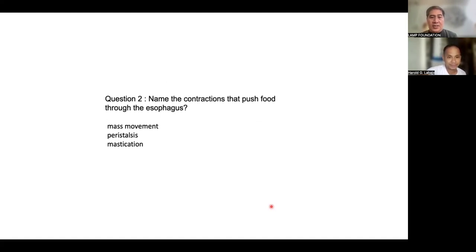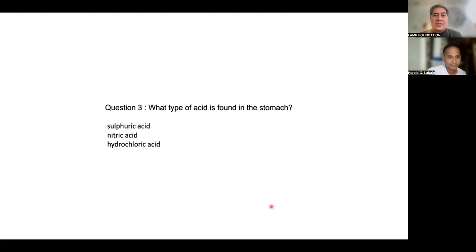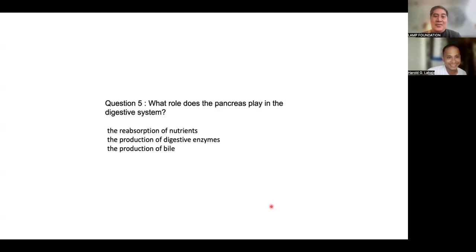Name the contractions that push food through the esophagus. Peristalsis. What type of acid is found in the stomach? Hydrochloric acid. Where is bile made? In the gallbladder. No, sorry, bile is made in the liver. Yes.